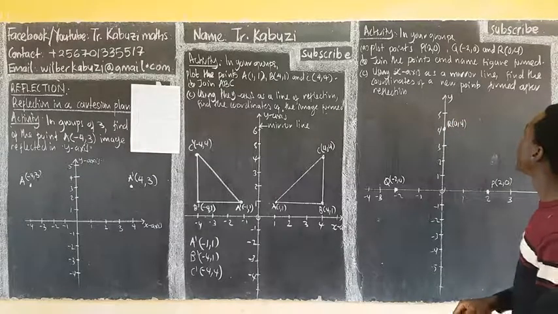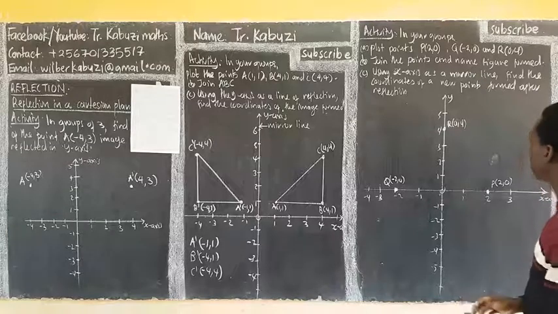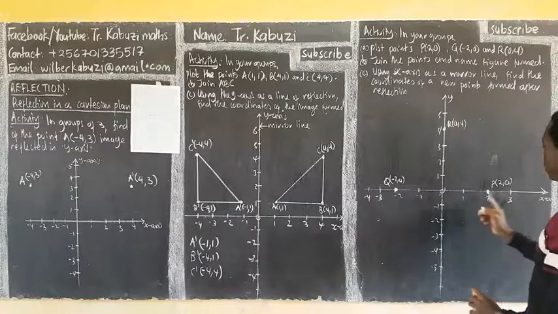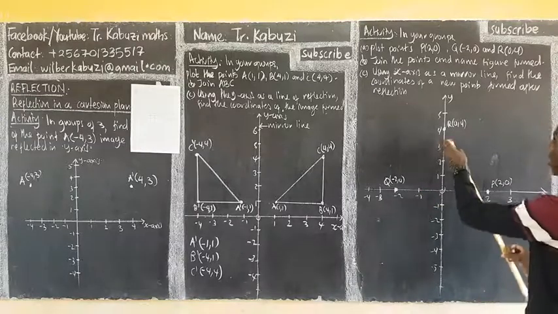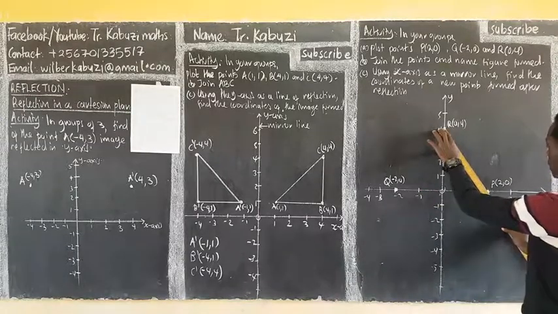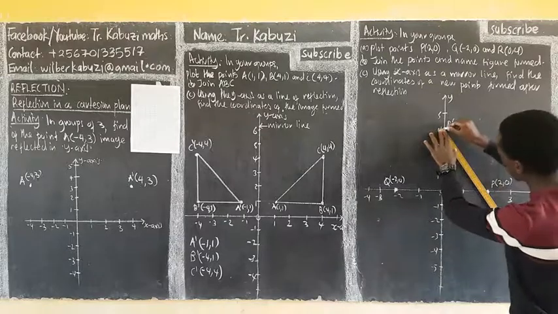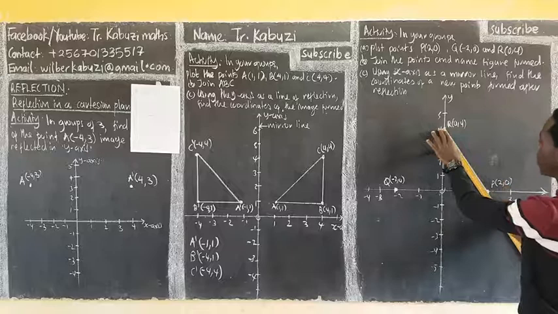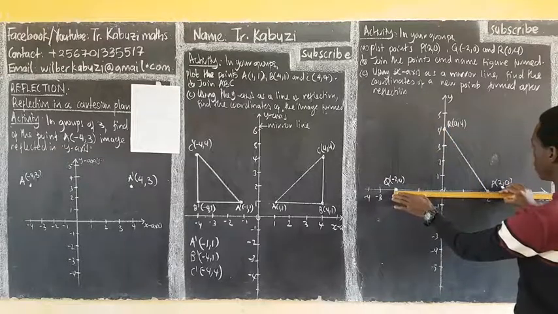Join the points and name the figure formed. Okay, we join. So you give a mark for this, a mark for this, a mark for this. Then we join. Then I join this to this.